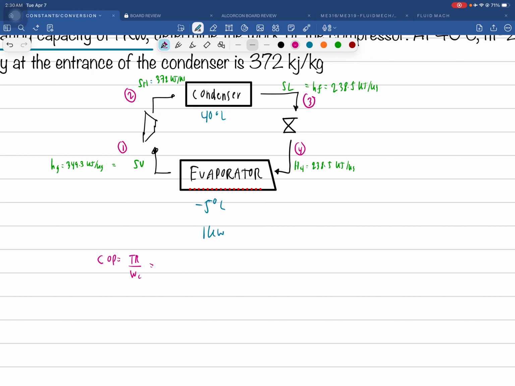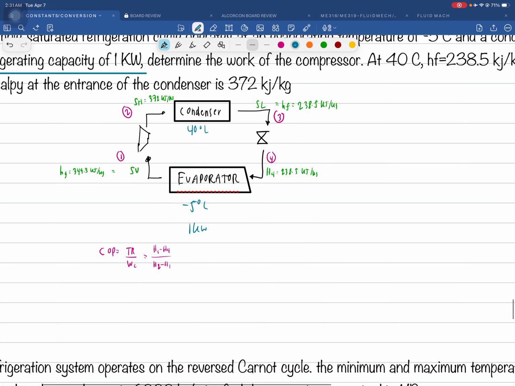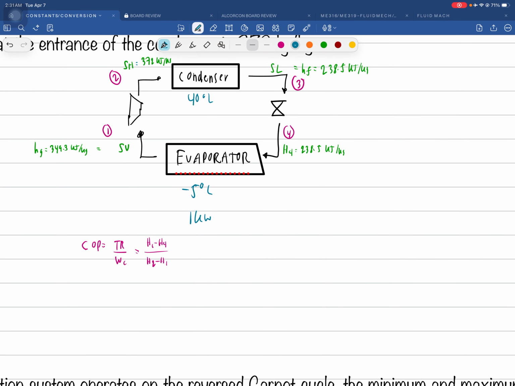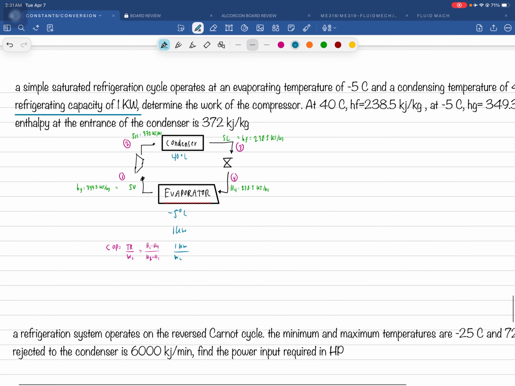Okay. So, H1 minus H4 over H2 minus H1. Okay. So, kung may ratio ka na, since ito naman is naka-COP na, and the tons of refrigeration is in 1 kilowatt, no? 1 kilowatt over the work compressor.